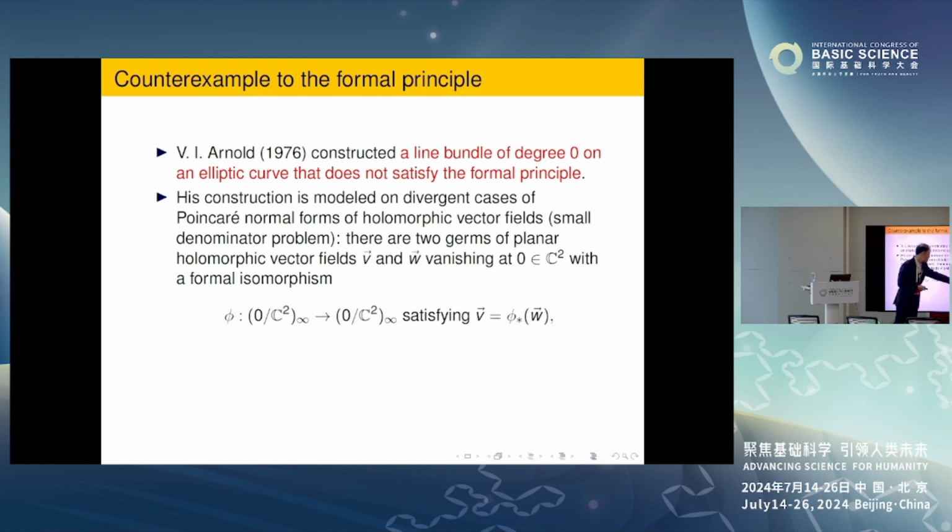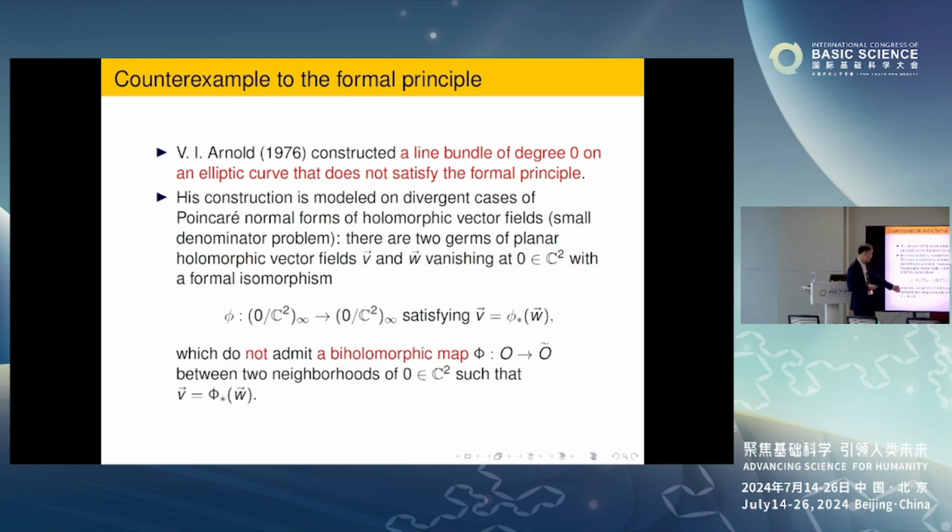So the two vector fields are conjugate under a formal isomorphism of neighborhoods, but these two vector fields are not biholomorphic under any biholomorphic map. This is what's called the small denominator problem. You have a formal equivalence, but the denominators of the formal equivalence are smaller and smaller, so it diverges, and there's no way to find a convergent equivalence. So Arnold used this idea to construct this neighborhood of an elliptic curve.